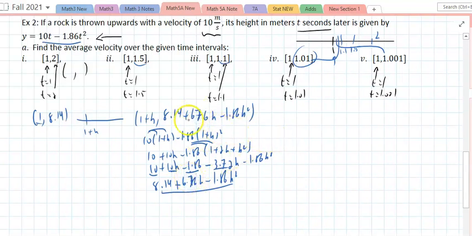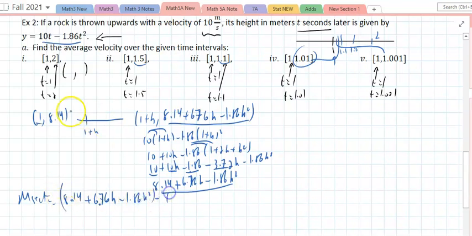Now the slope of the secant would be y2 minus y1 over x2 minus x1.